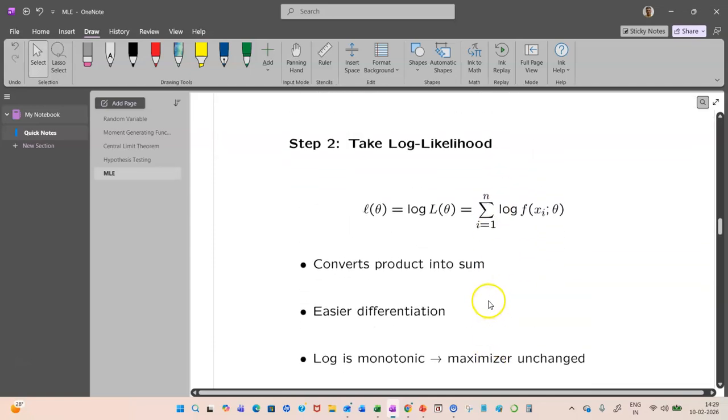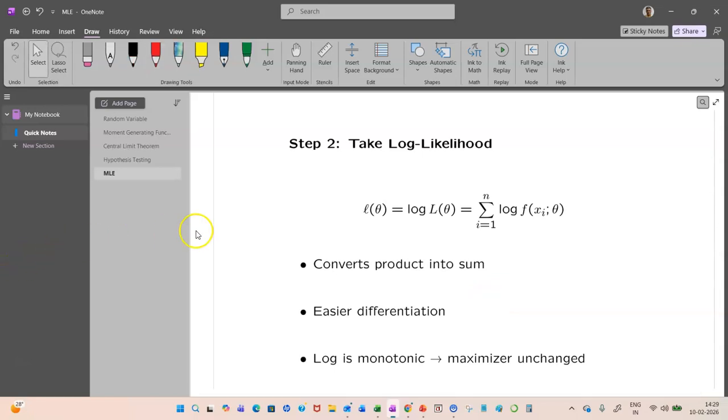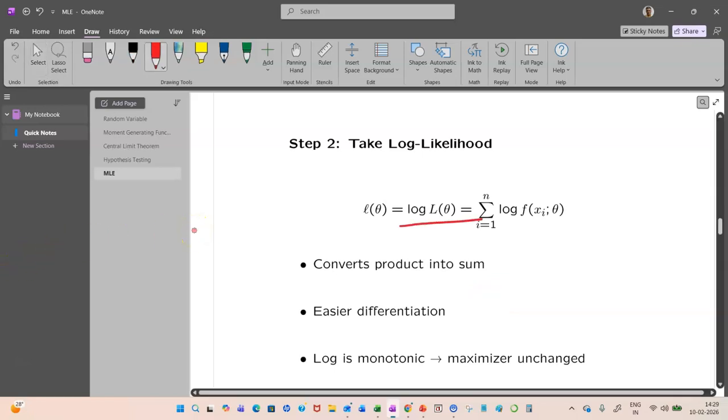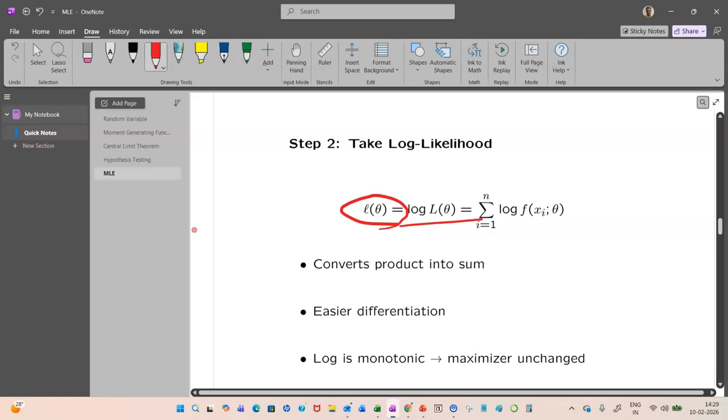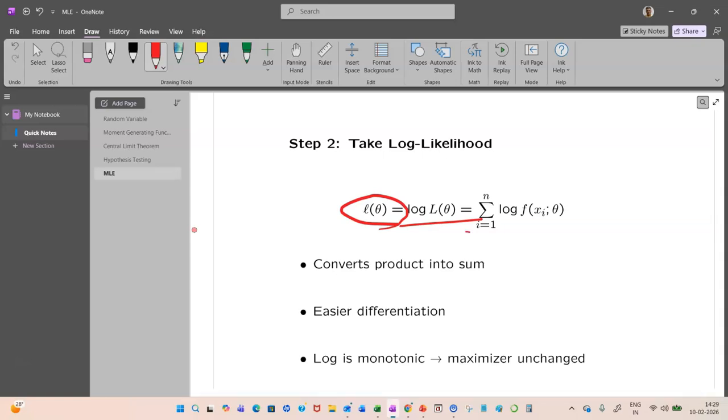So to do it, we take the log. We take the log of L(theta), and we call it the log likelihood. Small l(theta) is the summation of log p(xi; theta), summation of log f(xi; theta). That's the log likelihood. It converts products into sums.